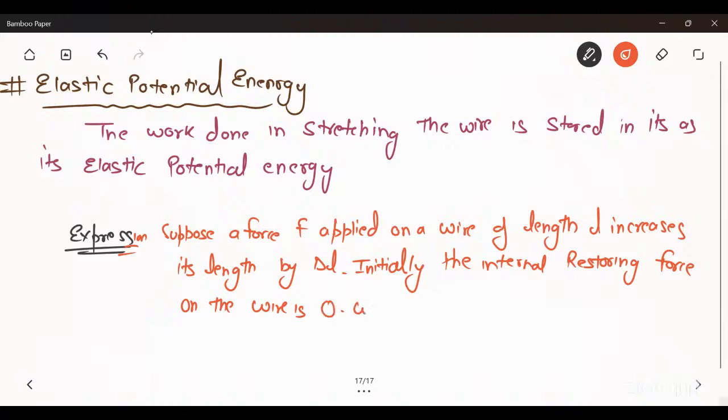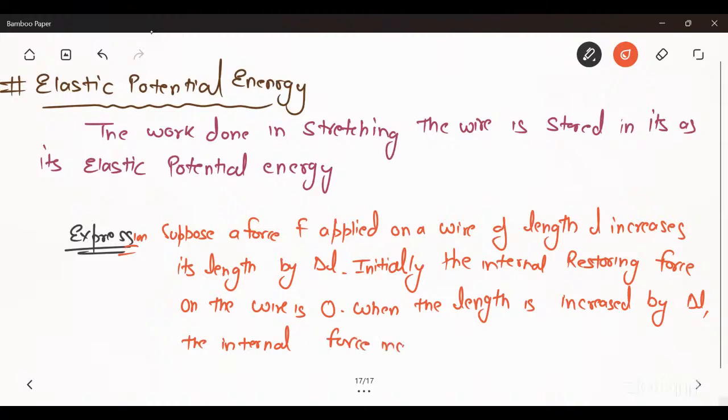When the length is increased by delta L, the internal force increases from 0 to F.